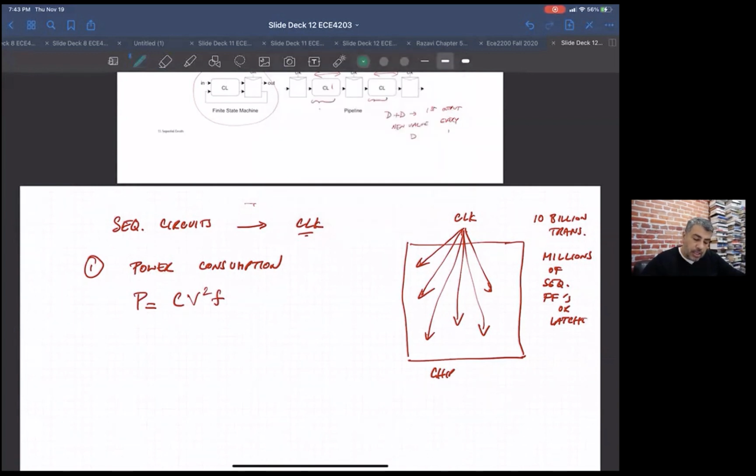One is, by definition, clock is the fastest switching circuit or switching signal. So F is huge.